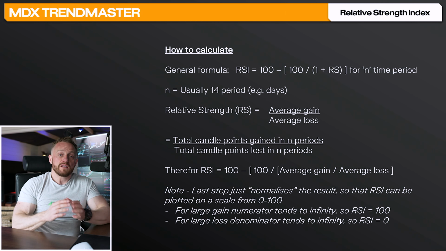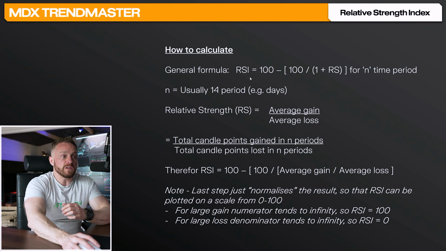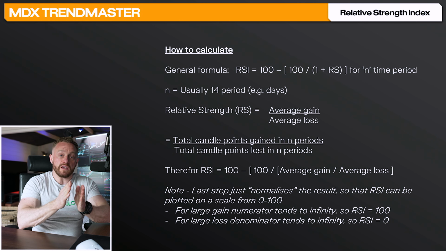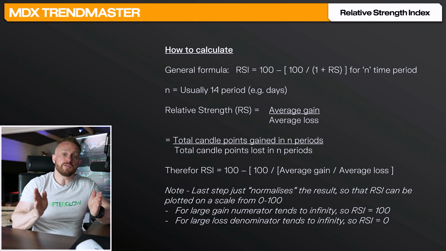So to calculate this, this is the RSI formula, but the key component is this relative strength part here. And you define the relative strength over a set period, which is usually 14, let's say 14 days.